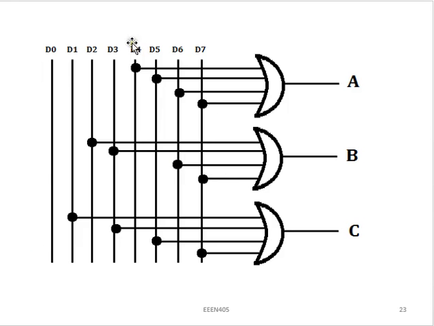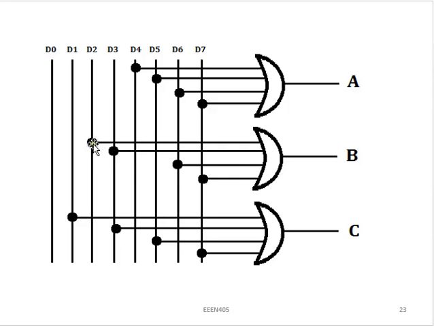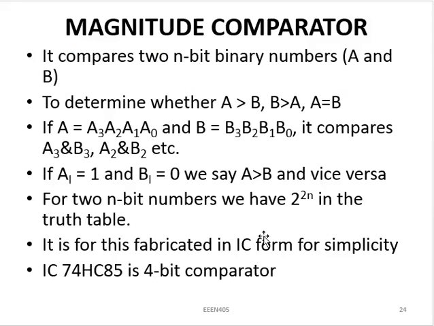So I will now take D4, D5, D6, D7, pass them through OR gate, and the output should be my A. Then for B, I have 1 here, 1 here, then 1 here, 1 here. The first one is under D2, the second is D3, the third is D6 and the last is D7. As usual, I take D2 and D3, then D6 and D7, pass them through OR gate to give me my B. I do the same thing for the C.